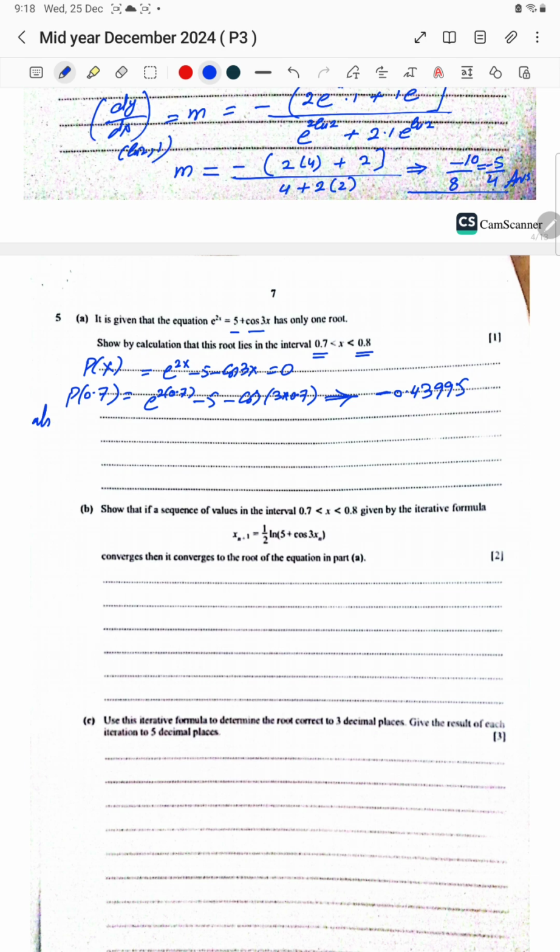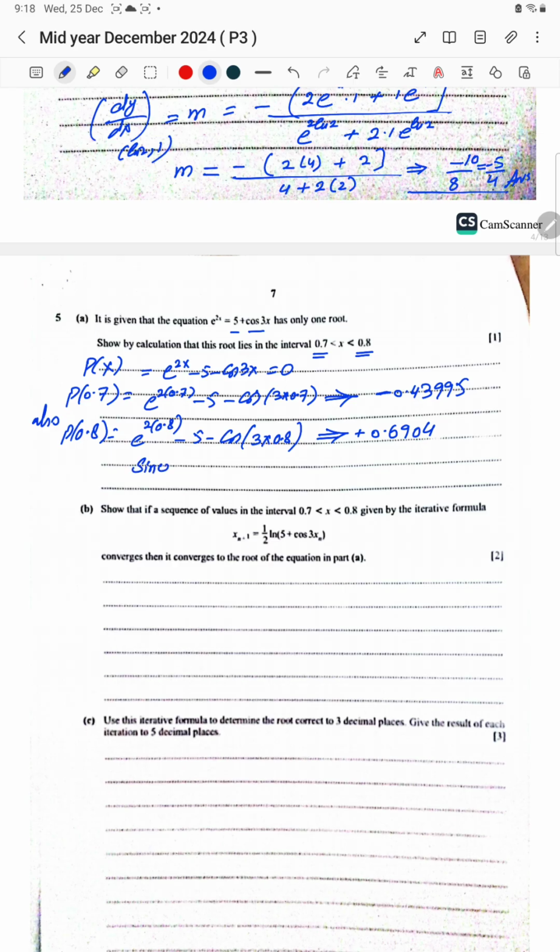And also for the other point, 0.8, we will do the same, just replacing x with 0.8 while keeping in mind the calculator must be in radian mode. We will get plus 0.6904.